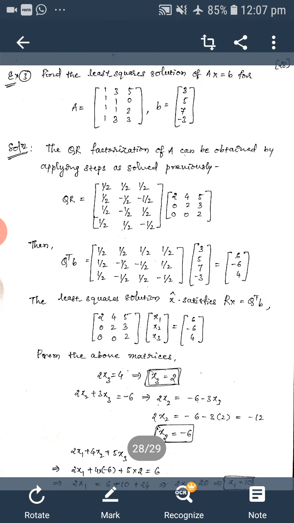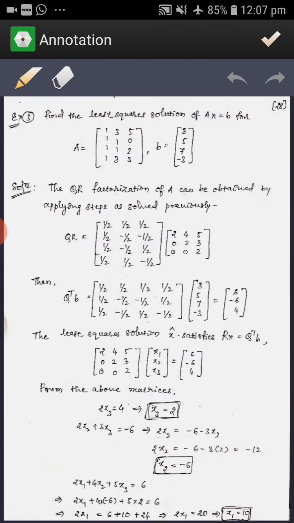Okay, so the third method: find the least squares solution of Ax equal to b, for the given A and b, using the QR method. It is the third equation we have seen. To find the Q, we need to find orthogonal vectors. Actually these given are x1, x2, x3.